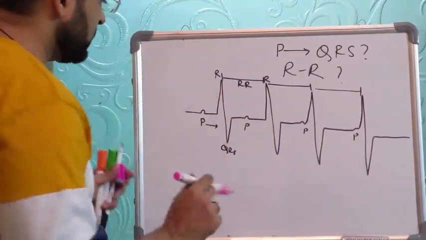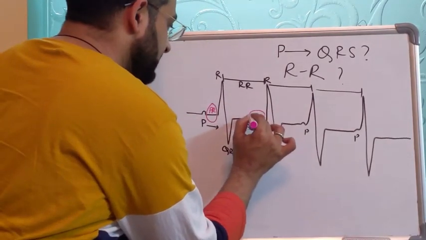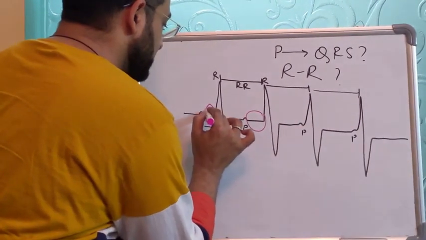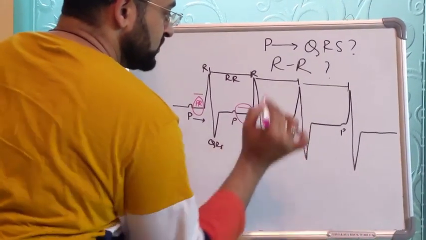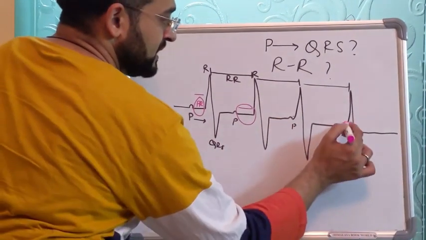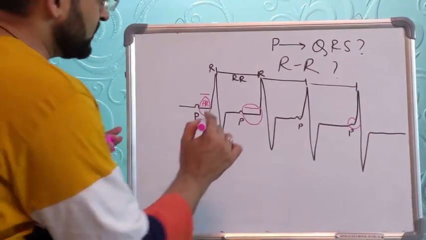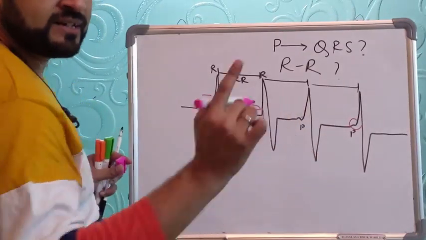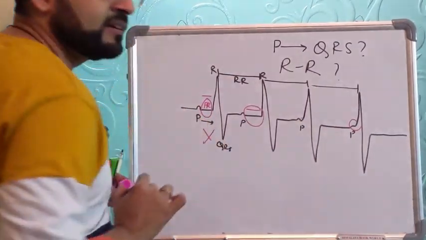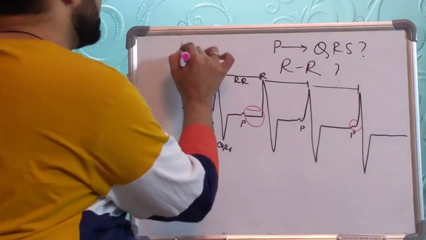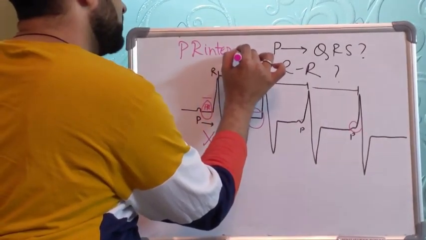No. Why not? Because if you look at the PR interval, the PR interval is varying. Here this PR is shorter, this PR is longer, this PR is almost very short, and this PR has completely vanished and the P is almost merged into the QRS. So the absence of a constant PR interval indicates that this P is not married to this QRS. Think of the PR interval as the marriage certificate of the P and the QRS.